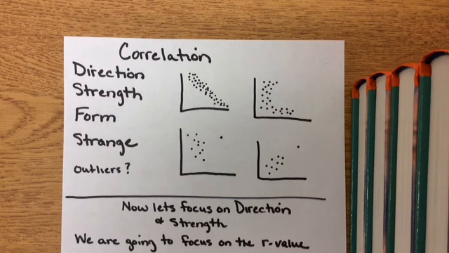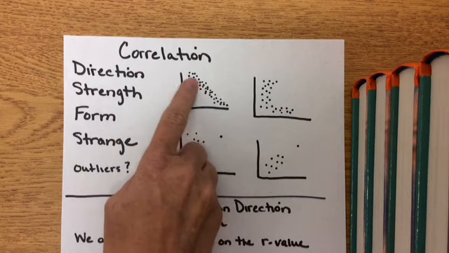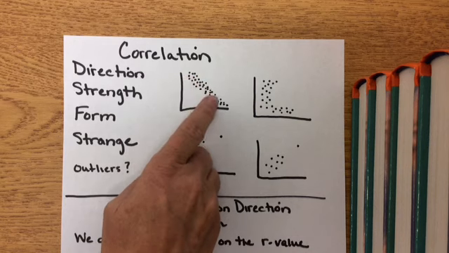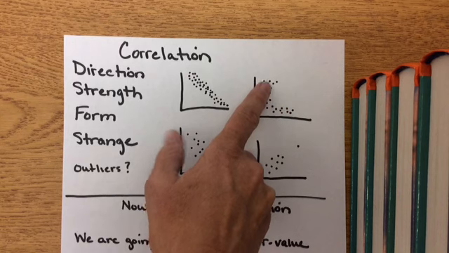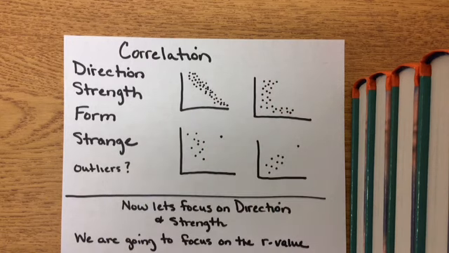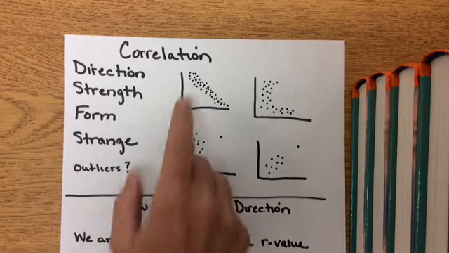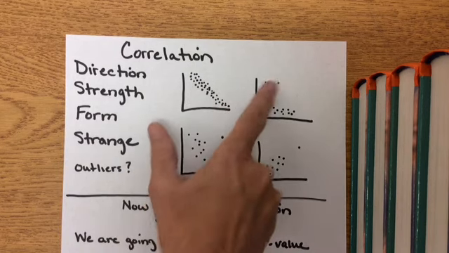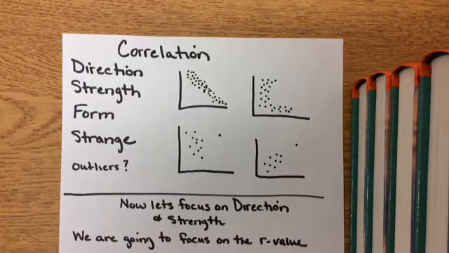So for this one, we have a form that is basically a straight line. This one looks straighter than this one. This one's just a little curvy. And so when I talk about form, I want to talk about, is it straight like this graph, or is it curved, which is like that graph?